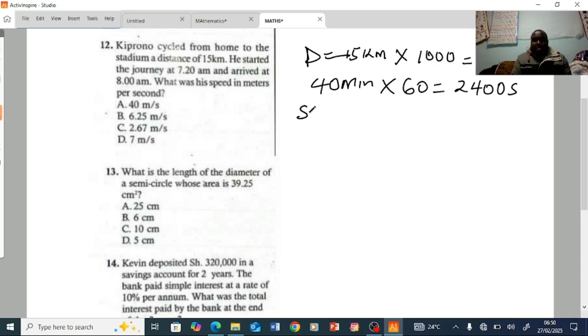So speed is equal to distance over time, and that is 15,000 divided by 2400.